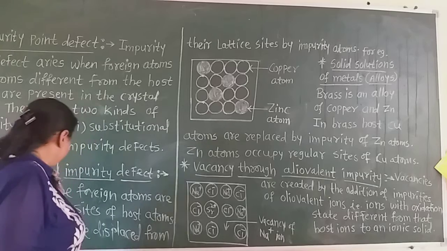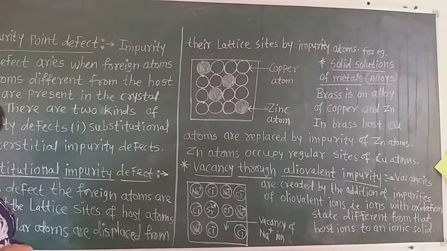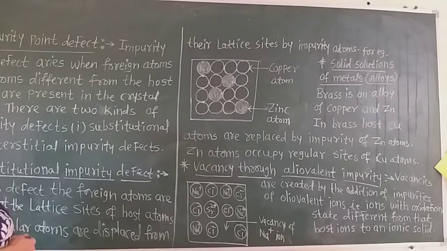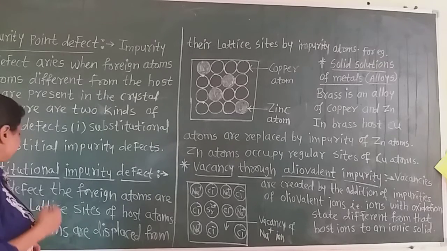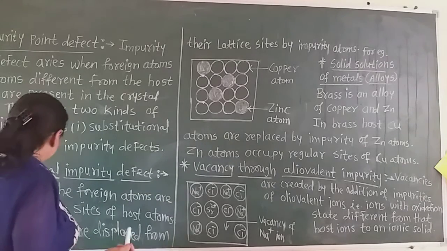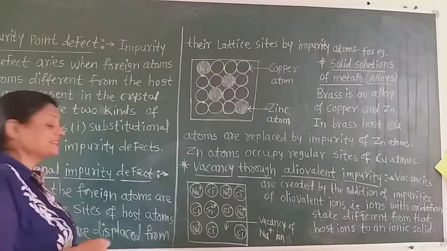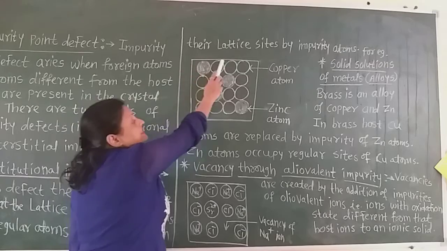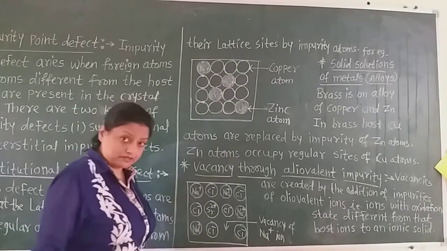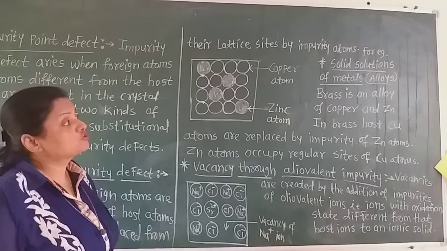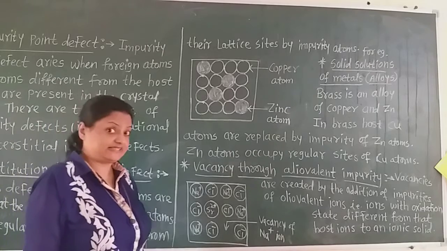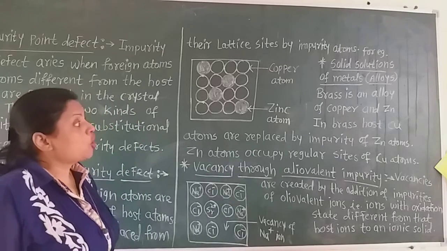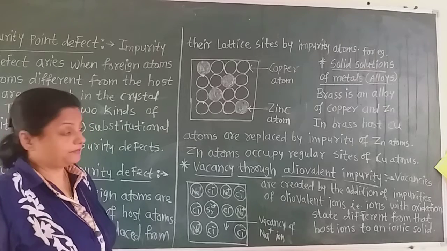So in the substitutional impurity defect, the foreign atoms are found at the lattice sites of the host atoms and the regular host atoms are displaced from their lattice sites by impurity atoms. For example, solid solutions of metal, that is the alloy. Brass is an alloy of copper and zinc.